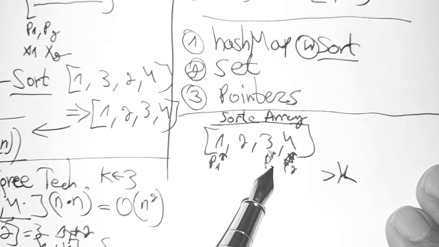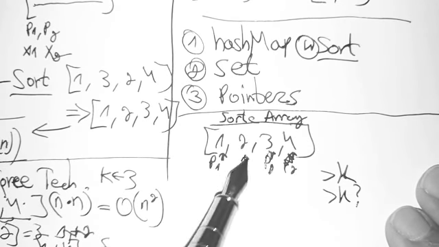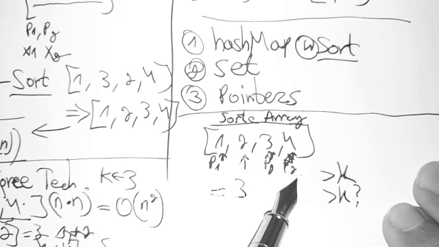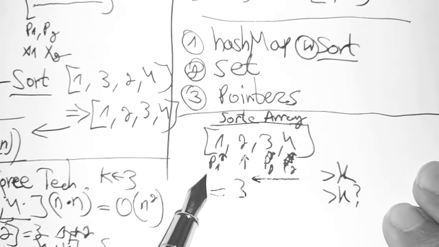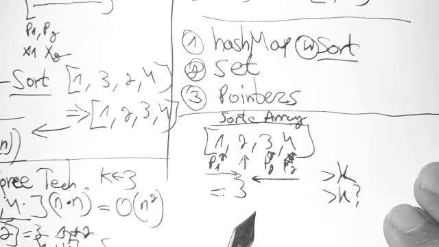So we move pointer 2 again to the left. Bigger than k? No, this time it's 3, so we are equal to k. So you see, we just move the two pointers to the left and to the right, and we find all the pairs whose sum of pointer 1 and pointer 2 is equal to k.